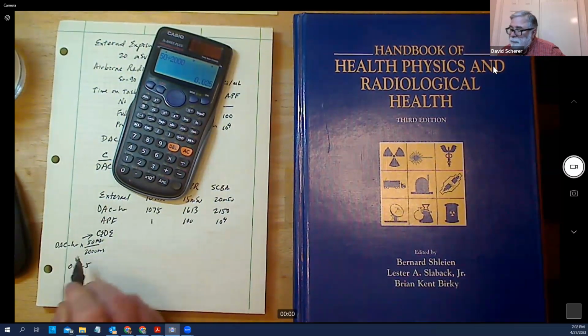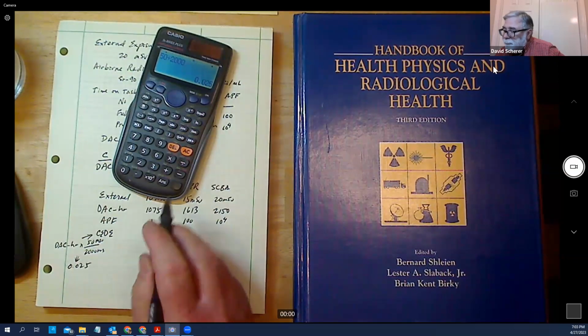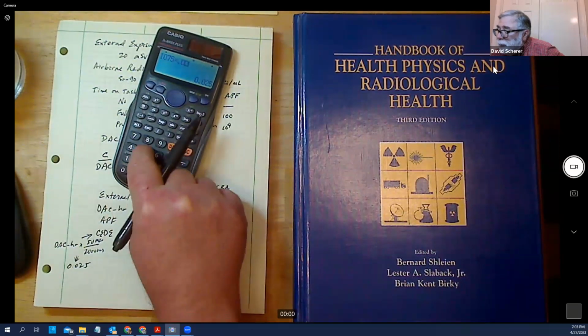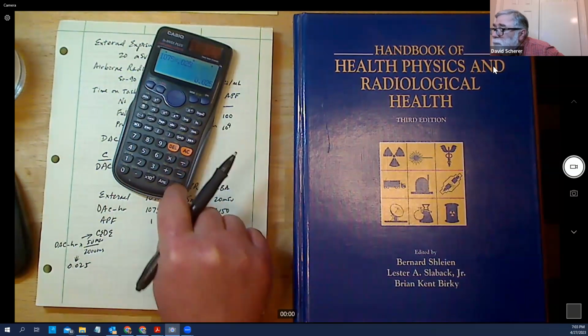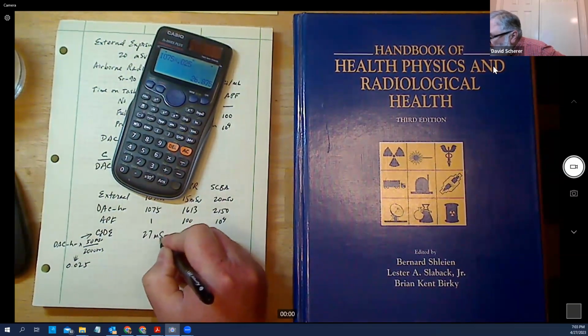So that's our conversion factor from DAC hours to sieverts. We still have to remember the APF. So 1075 times 0.025 gives us the sieverts: it's 27 millisieverts.